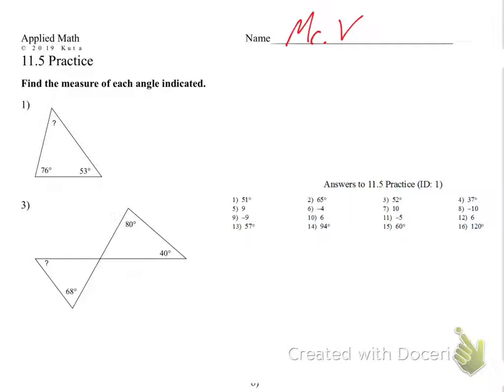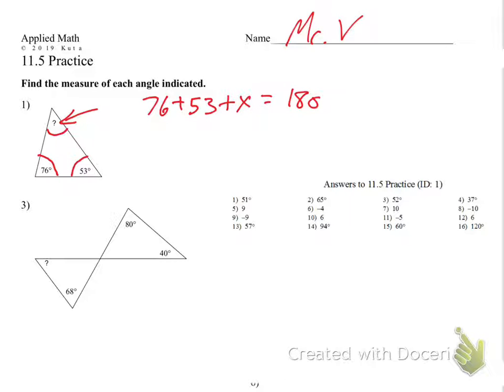Alright, so the first one here, find the measure of each angle. So we are looking for this angle. Obviously we learned that all three of these angles need to add up to 180. So I can just do 76 plus 53 plus, and we'll just call this angle x, is equal to 180.